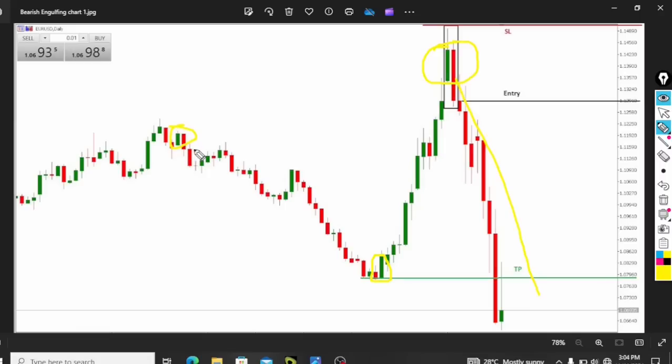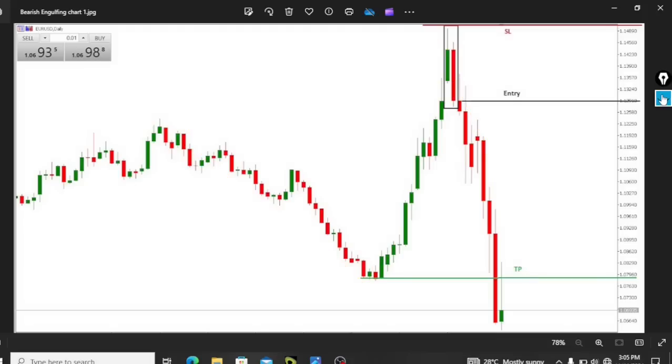And at this point in time, you could have also entered the second one, which is a bullish engulfing to the upside. So any day, just be able to identify bullish engulfing and bearish engulfing in the market. And once you become proficient at identifying them, you watch your gain improve. Then that means that you have become a professional.